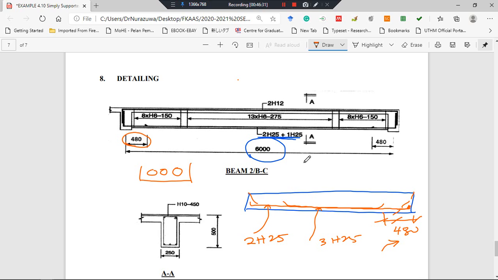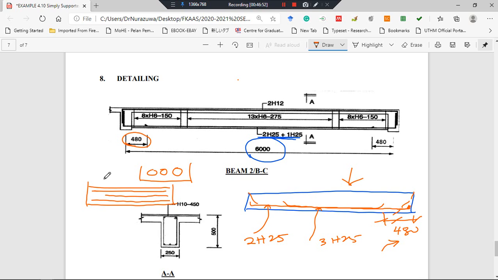2H25. Okay, if we look from the top, the arrangement, so this is the two reinforcement, and here is the 3.